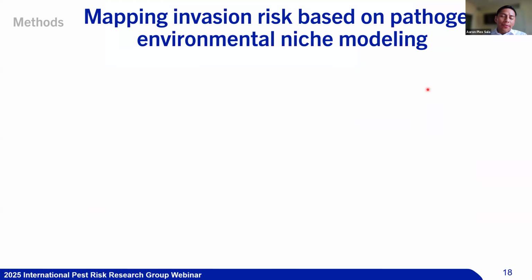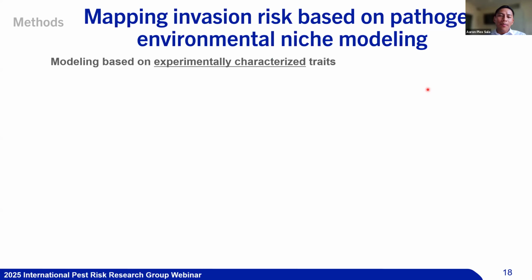There is a wide range of potential options that we can use to understand and model the environmental suitability of a pest, depending on the knowledge of a pest species. For example, if we know about environmental associations with the distribution of a pathogen or pest, we can use this information to develop environmental niche models.